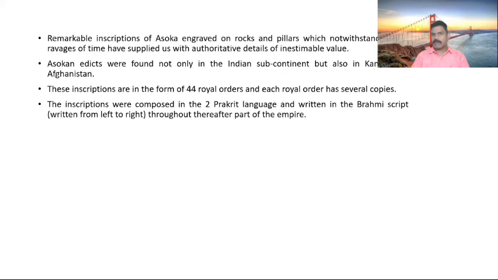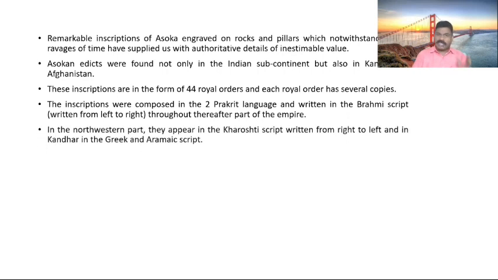The inscriptions were composed in Prakrit language written in the Brahmi script, from left to right. Kharosthi is used to write from right to left. In the northwestern frontier provinces, northwestern India, Ashoka used Kharosthi, which is written from right to left, the opposite. Greek and Aramaic were also used in northwestern India.